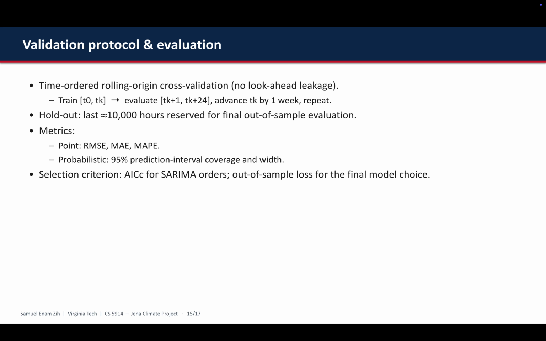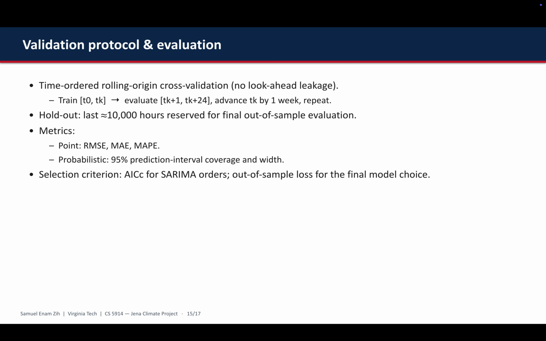Validation and metrics. Validation is rolling origin cross-validation, which is the time series equivalent of k-fold and avoids look-ahead leakage. I train on a window, evaluate on the next 24 hours, advance by a week, and repeat. The final 10,000 hours of the record, about 13 months, are held out for the final report.